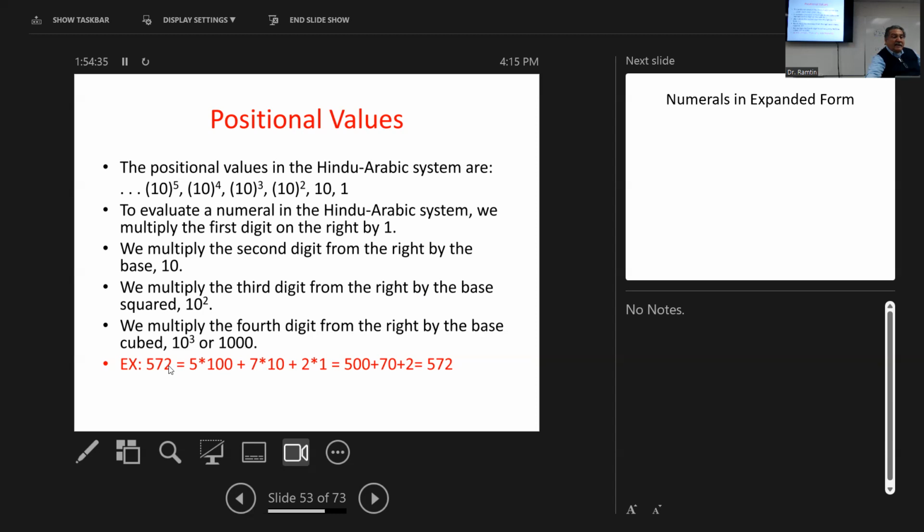If you want to write in an expanded notation, start from 2, multiplied by 1. Then 7 multiplied by 10. 5 multiplied by 10 to the power of 2, or 100, then add them together. When you write it like that, 500 plus 70 plus 2, that's an expanded notation. All right?